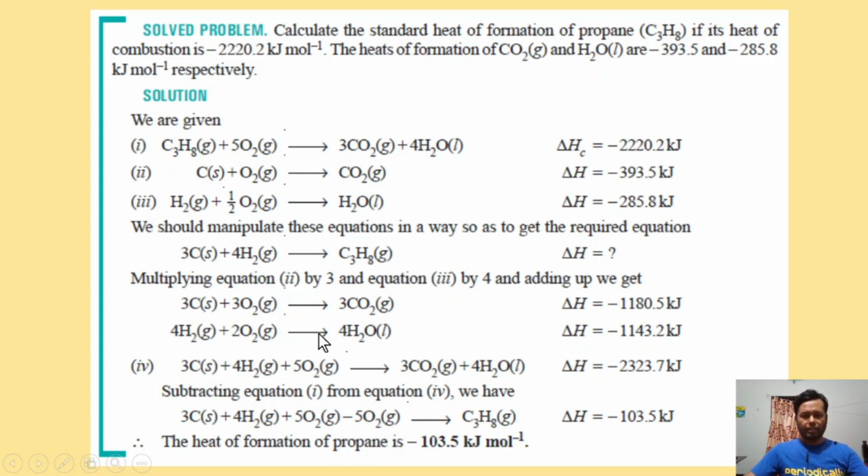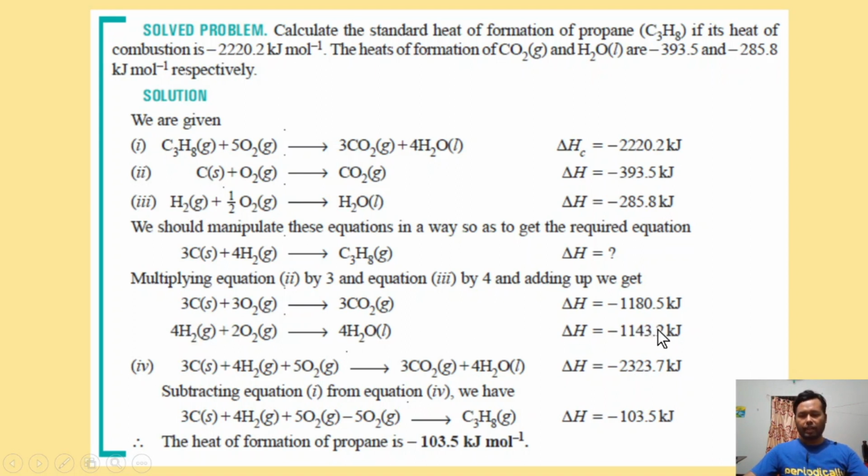Okay, then here we are getting 3 carbon plus 3 oxygen giving 3 carbon dioxide, and delta H is multiplied by 3, that is 3 times 393.5. Then we need another part, 4 hydrogen. Here we have only 1 mole of hydrogen. So if we multiply equation number 3 by 4, then we can get 4 moles of hydrogen, which corresponds to 8 hydrogen atoms. So if we multiply equation number 3 by 4, we will get this equation.